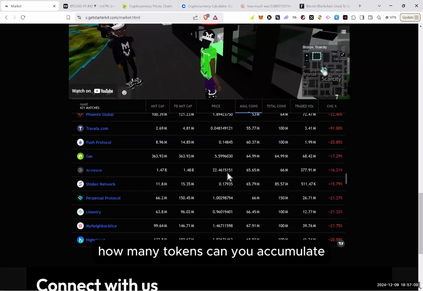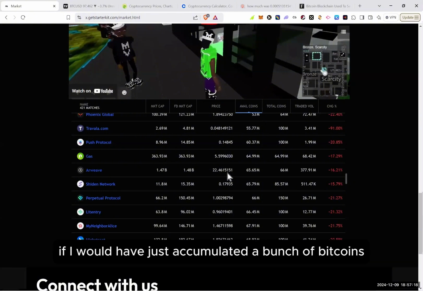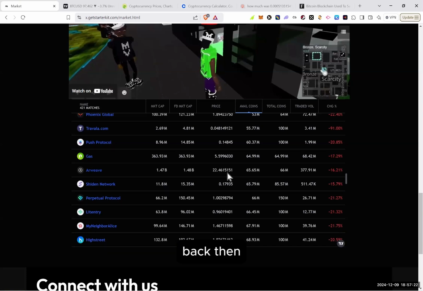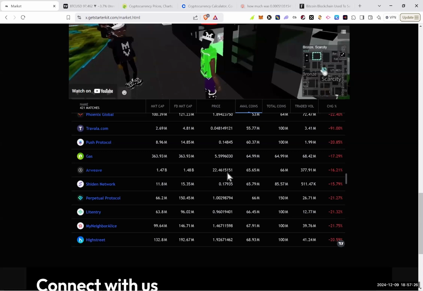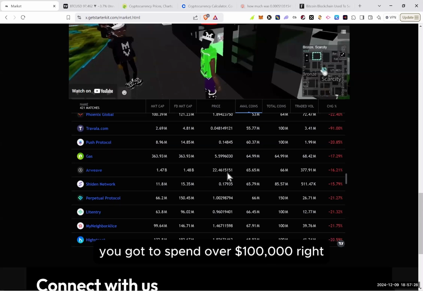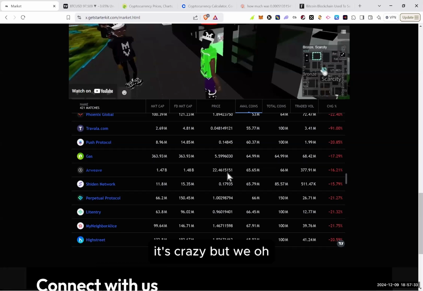How many tokens can you accumulate before the price goes up? I'm not gonna say that's all that matters, because that's irresponsible, but it's one of the most important things. If I had just accumulated a bunch of Bitcoins back then, when the price went up, I'm in profit. Now, in order to get a whole Bitcoin, you've got to spend over $100,000, right? It's crazy.